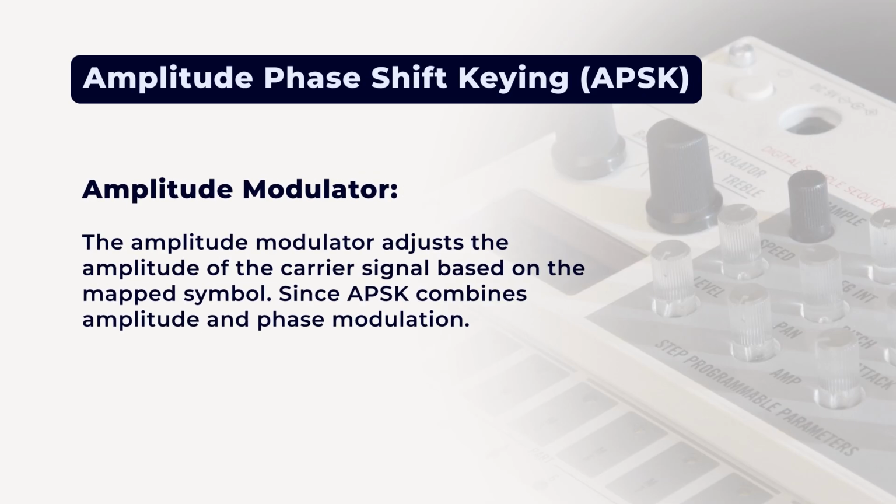Amplitude modulator. The amplitude modulator adjusts the amplitude of the carrier signal based on the mapped symbol. Since APSK combines amplitude and phase modulation, this step is crucial to ensure that each symbol has the correct amplitude as defined in the constellation diagram.